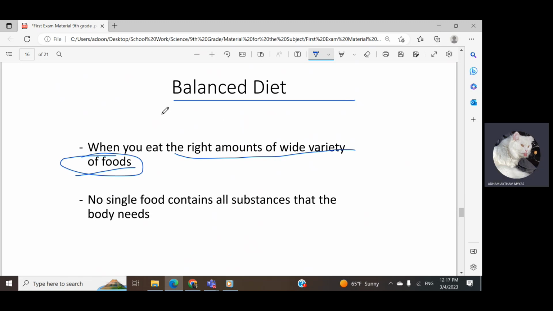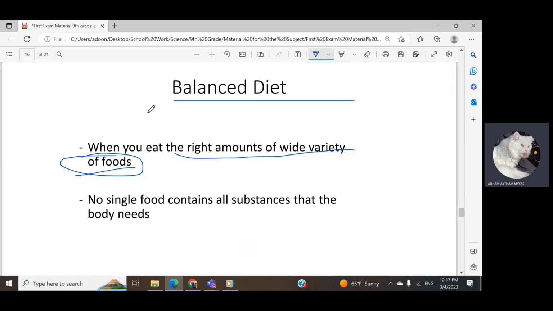In the world, we don't have just one type of food. We have a lot and a wide variety of foods.